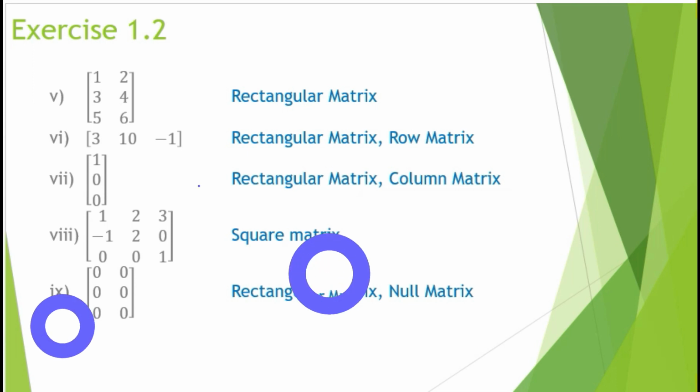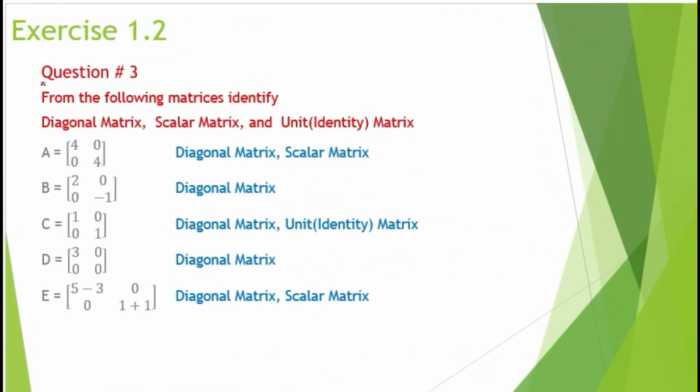Next is question number 3. From the following matrices identify diagonal matrix, scalar matrix and unit or identity matrix. Here some questions are given. So first question, A is equal to 4, 0, 0, 4. It's a 2 cross 2 matrix and its diagonal entries are non-zero.